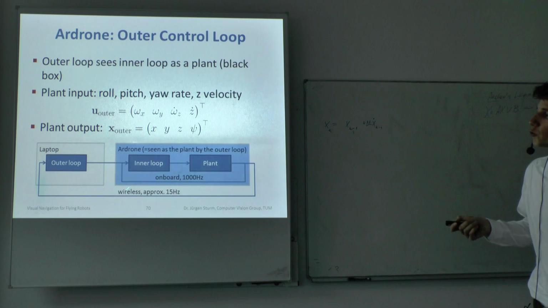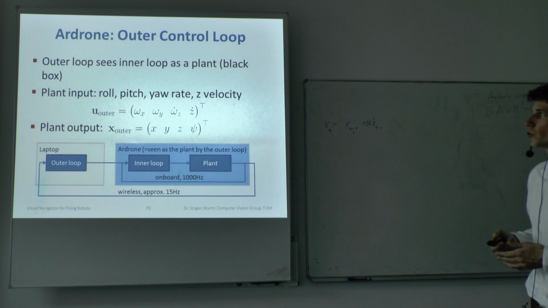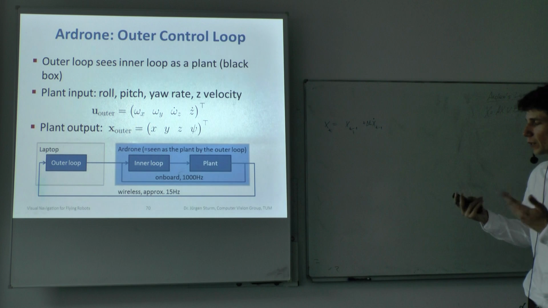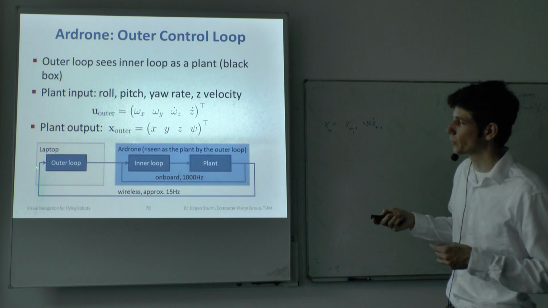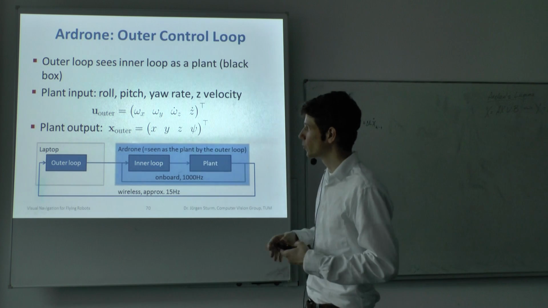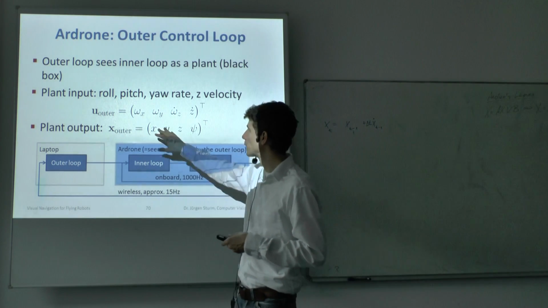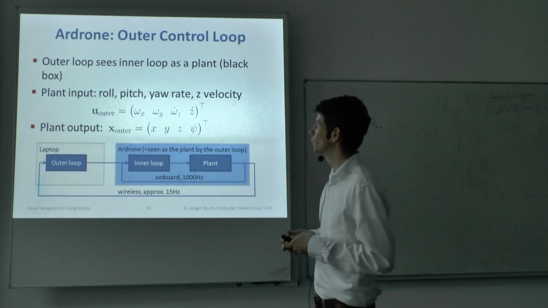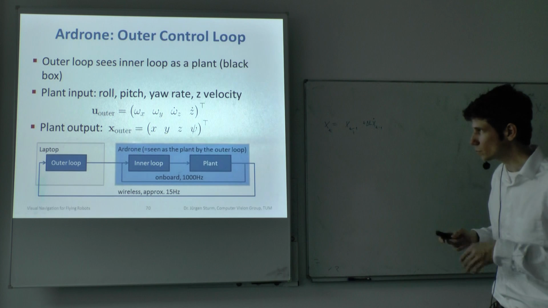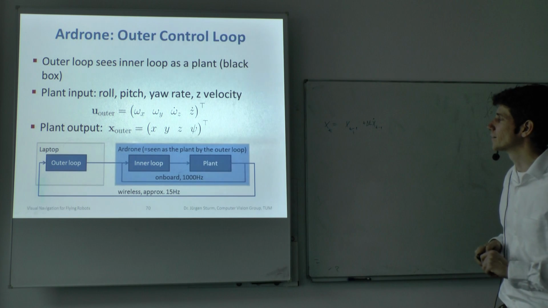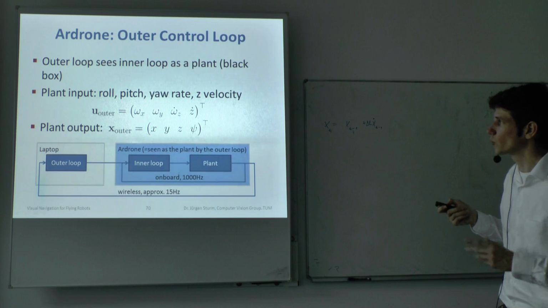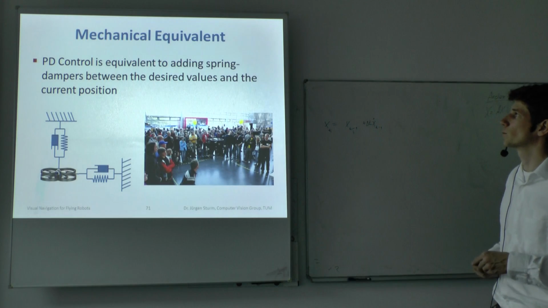And from that, the outer loop will generate a position control command. So this outer loop here corresponds to position control, and to get to a certain position, it will generate certain velocities for roll and pitch, and they're controlled via roll and pitch and so on.